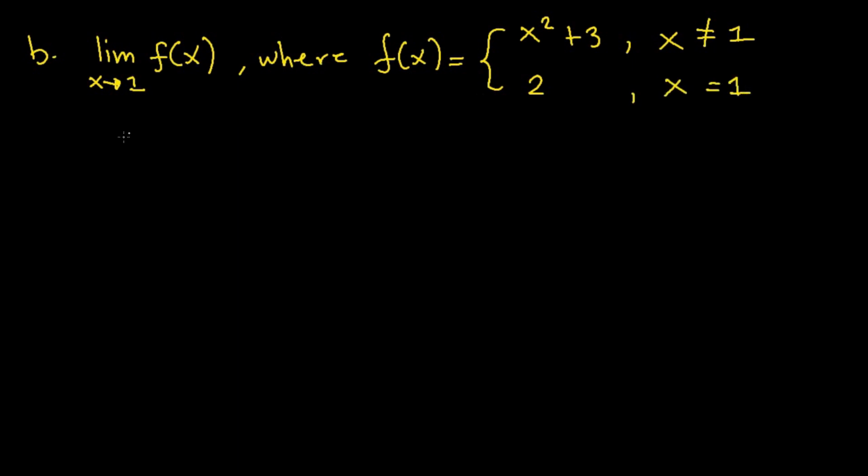So kung i-breakdown nyo na to, that's limit of x squared plus 3 as x approaches to 1 para diring apart. Tapos ang isa kani is f of 1 is equals to 2.